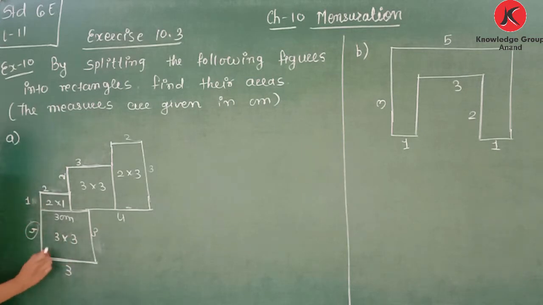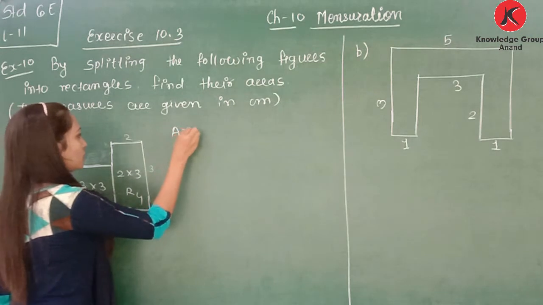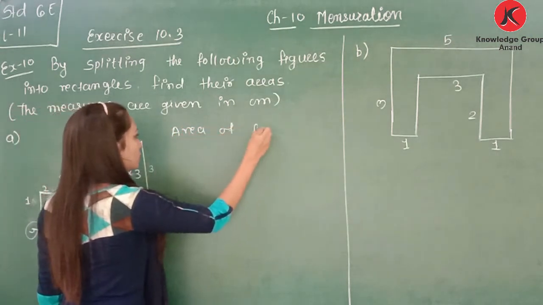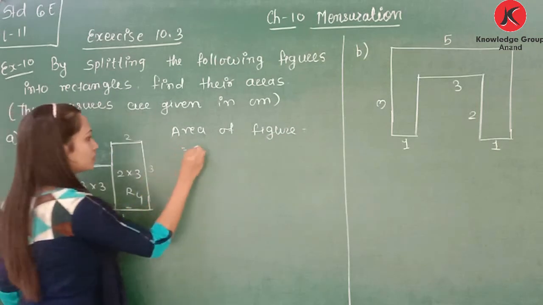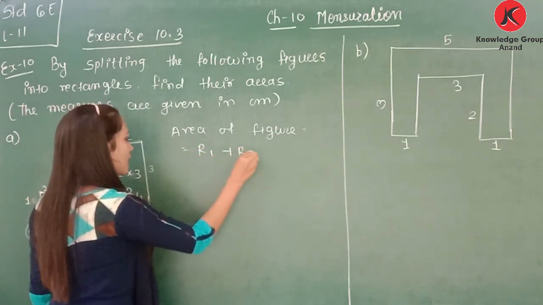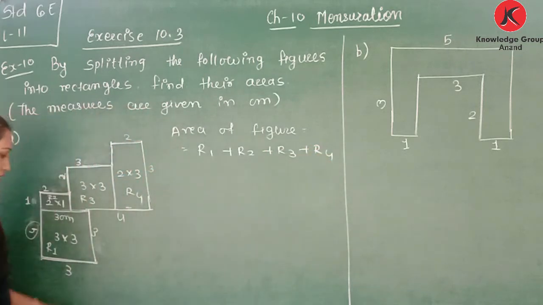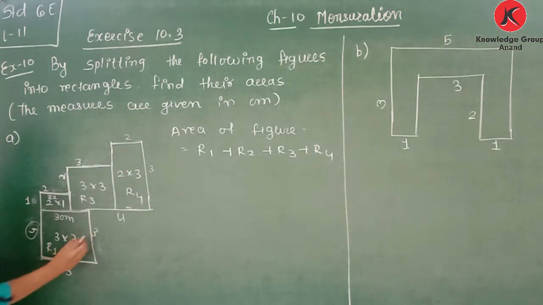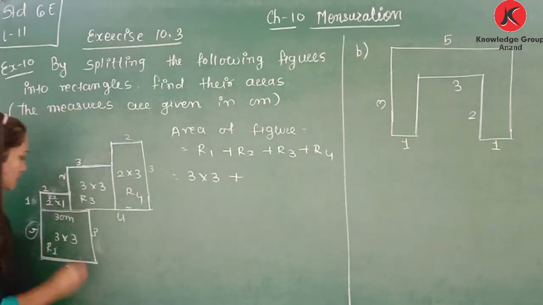Now let's consider this as R1, this is R2, R3 and R4. So the area of the figure is the addition of all parts, R1 plus R2 plus R3 plus R4. What is the area of R1? That is 3 multiply 3, plus. What is the area of R2?